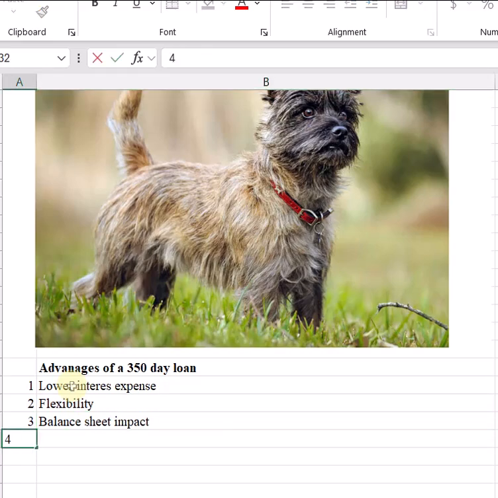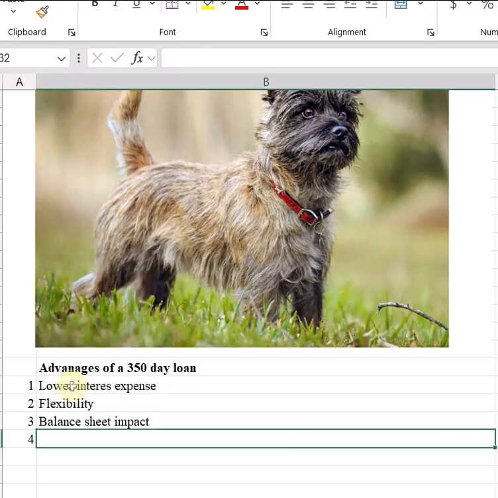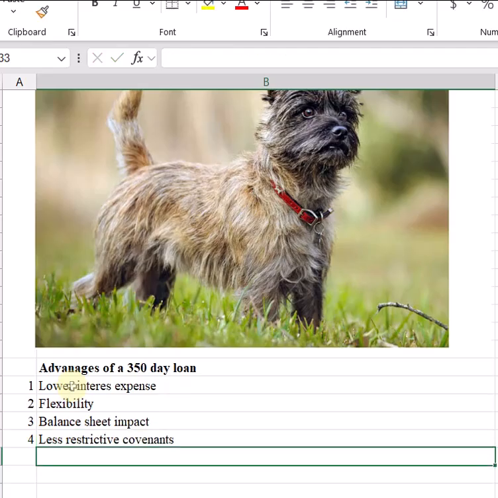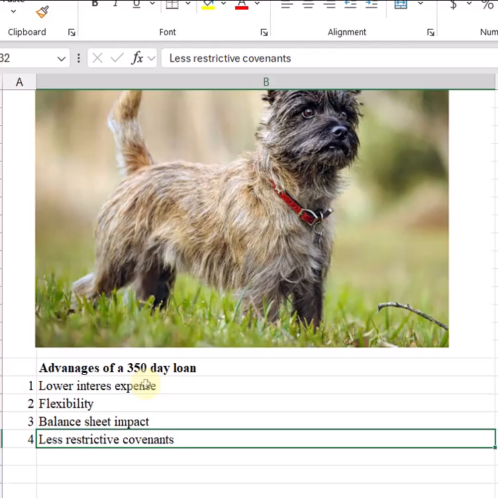Okay? Now, something you may not consider as an advantage is that you may have less restrictive covenants. Short-term loans often have fewer financial covenants compared to long-term loans. And a covenant just means extra requirements that the lender puts into the financing agreement.